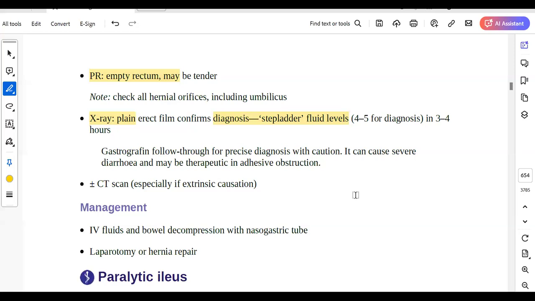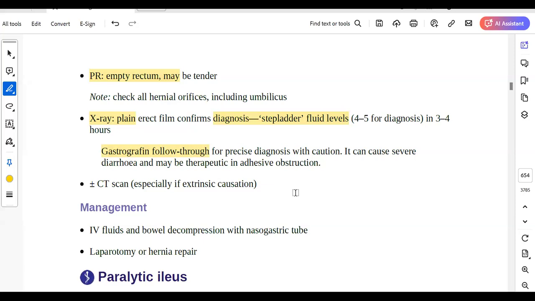Now let's say you have done the X-ray, and in the X-ray you have got this specific pattern and you can confirm the diagnosis. But sometimes you are not sure if it is a small or large bowel obstruction. In that case, according to JM, you can do a gastrografin follow-through. Gastrografin is a water-based dye that can confirm where exactly the block is.